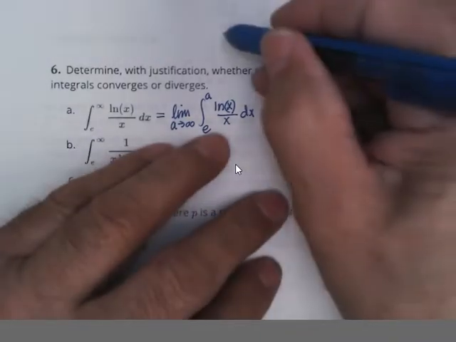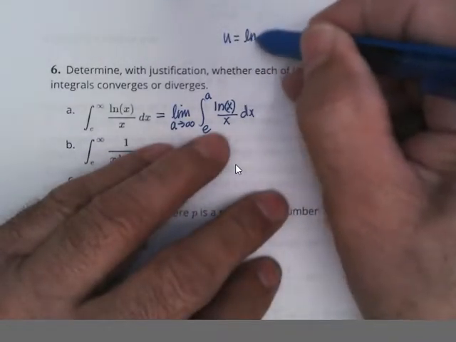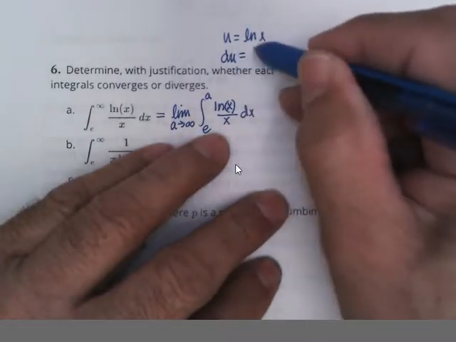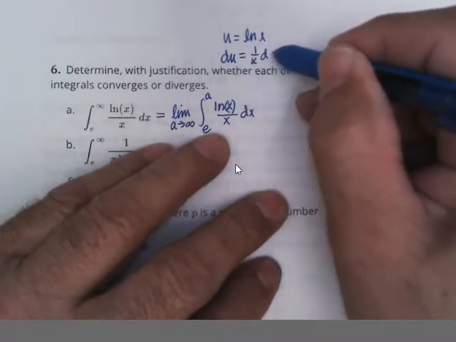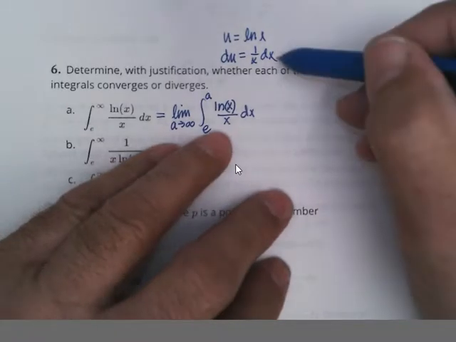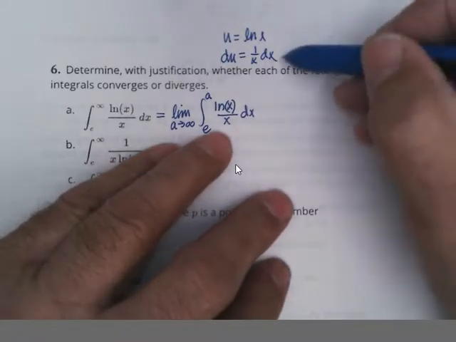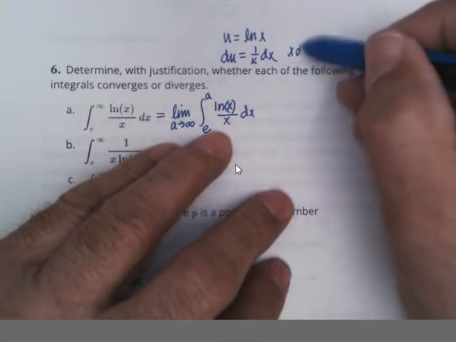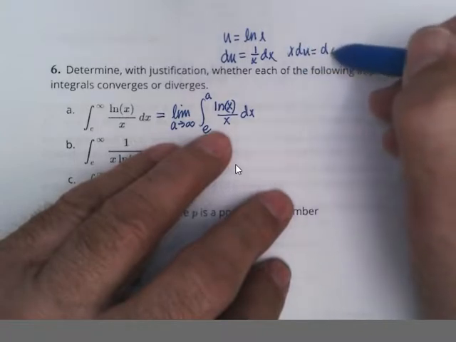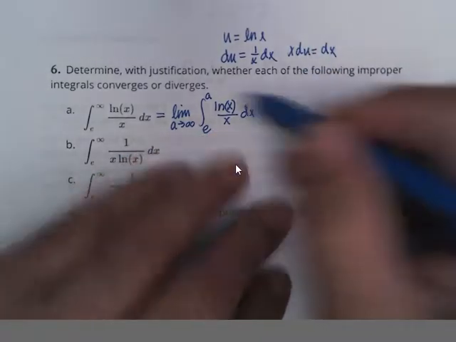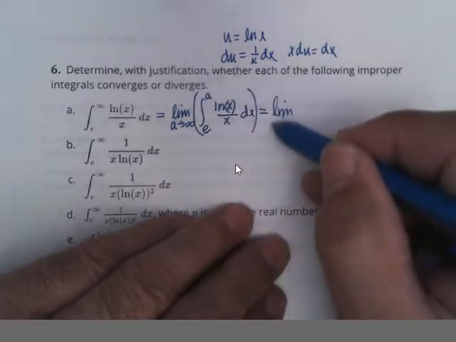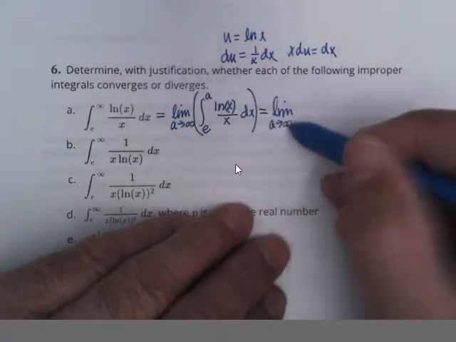If I let u equal ln x, du is 1 over x dx, and then I get x du equals dx, so this becomes the limit as a approaches infinity.